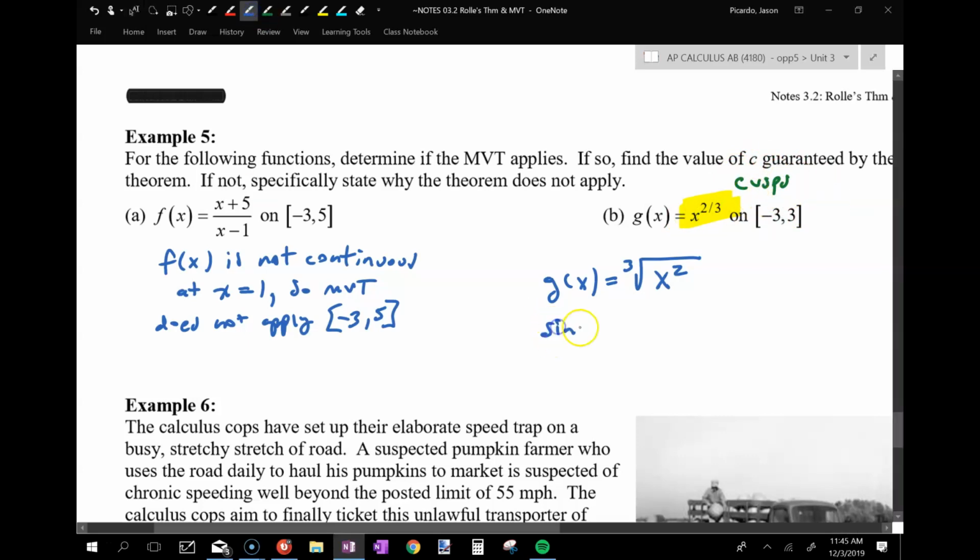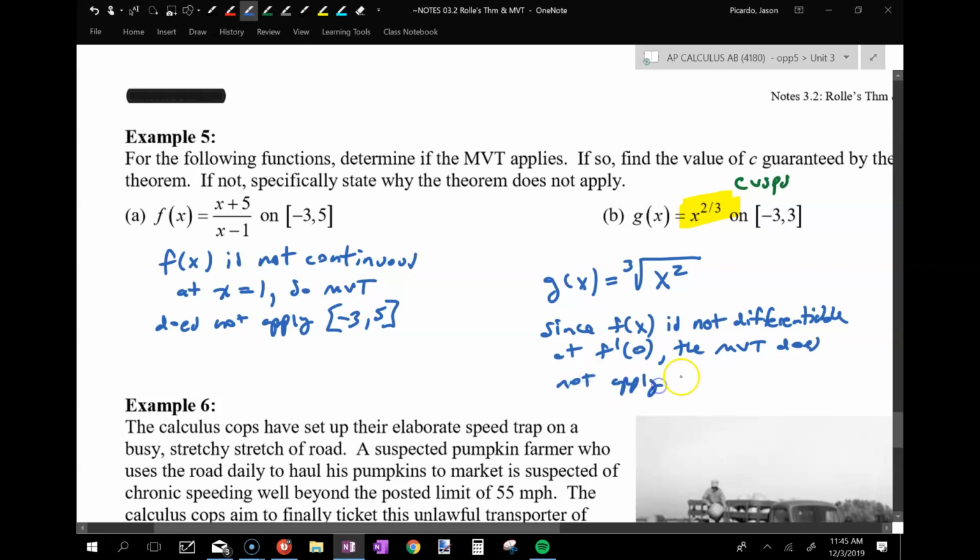So since f of x is not differentiable at 0, the mean value theorem does not apply from -3 to 3.